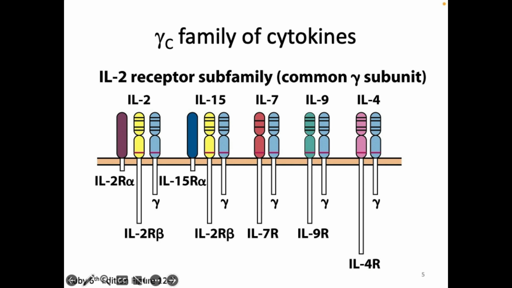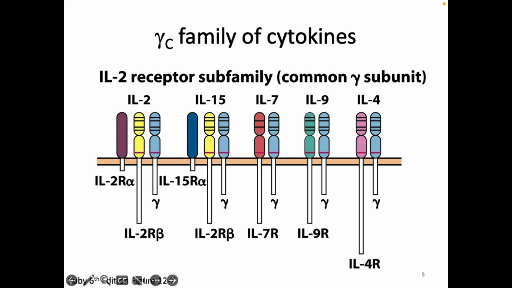One of them is called the IL-2 receptor alpha chain, one of them is the IL-2 receptor beta chain, and one of them is called the gamma chain. What you can also notice is that this gamma chain that's shown in light blue is also shared as a part of the receptor for some other cytokines.